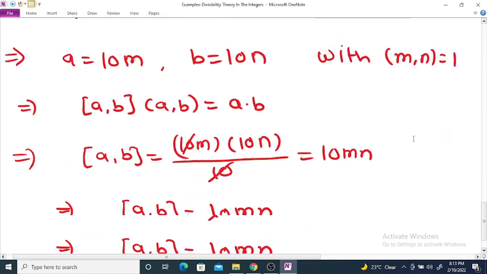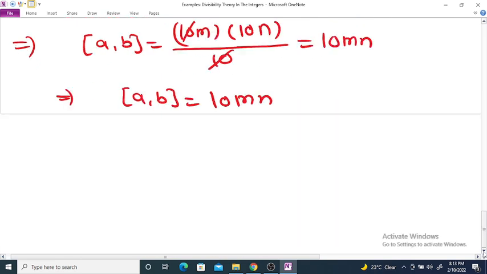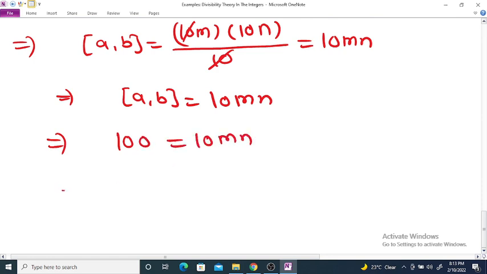So if we put here LCM of A and B equal to 100, it is 100 equal to 10mn. If we divide by 10 on both sides, we get m into n is equal to 10.